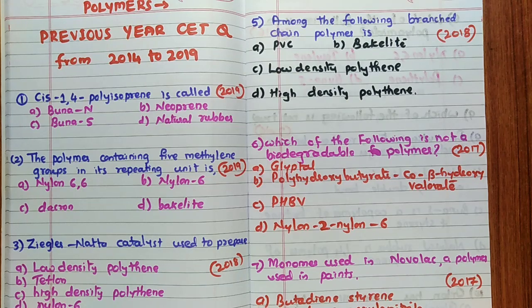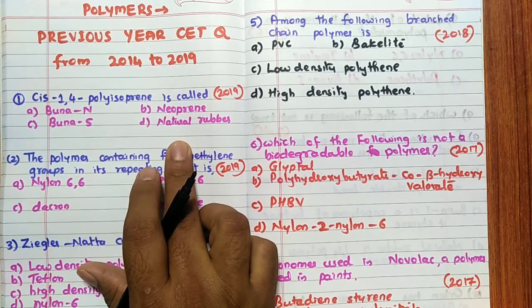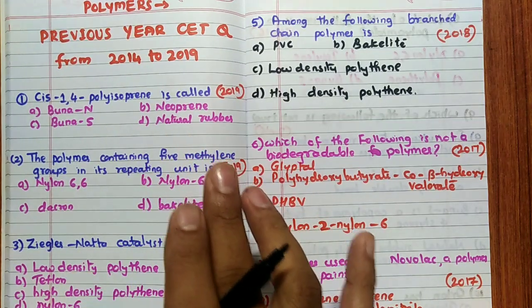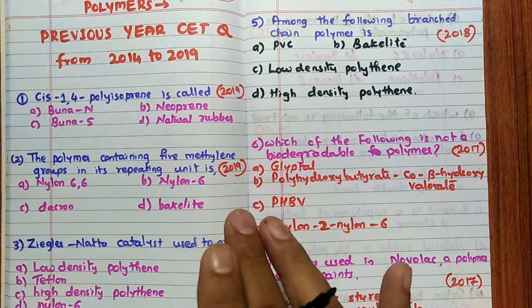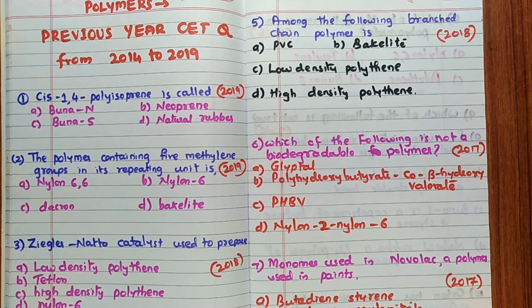So the answer for this question is natural rubber. Very simple question from this polymers chapter. Remember, you are going to see very simple questions. There is no doubt in it. Yes. A second important question you will see.